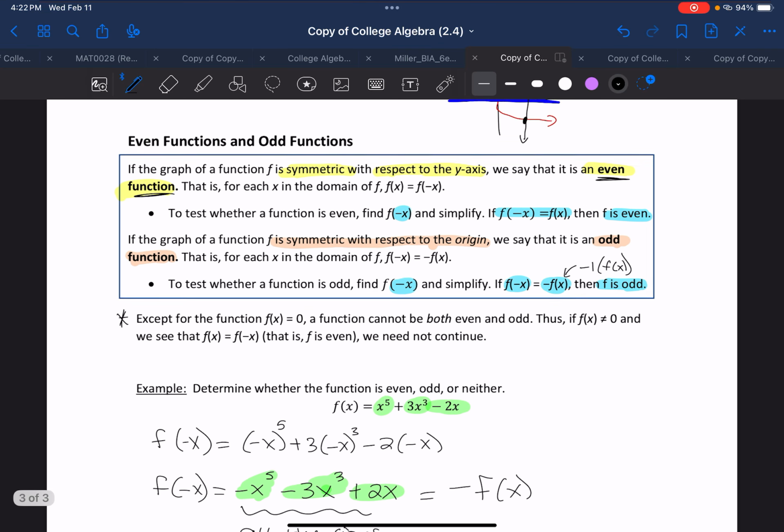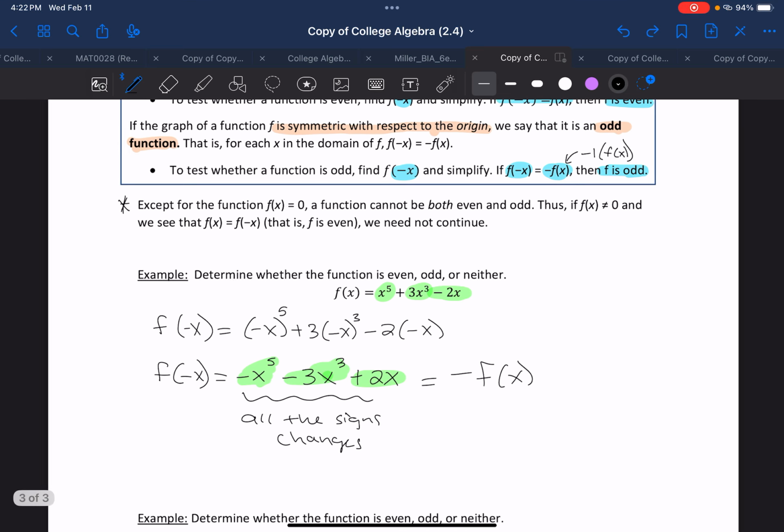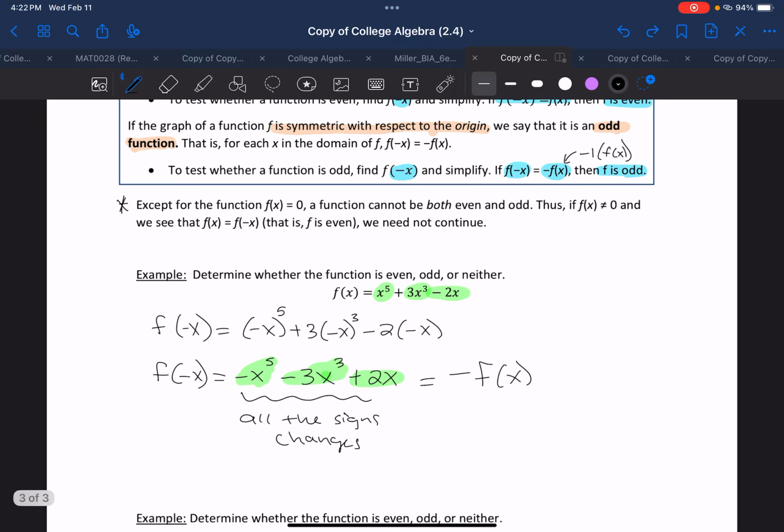That's the second case. It equaled negative f of x. So this function is odd, and therefore it is symmetric about the origin.